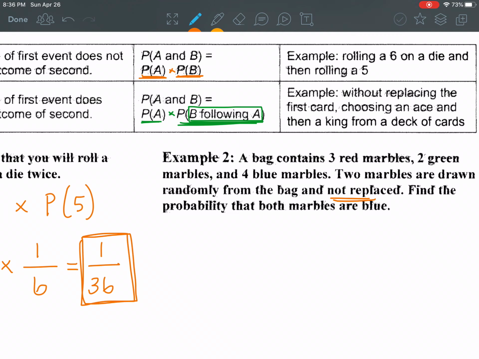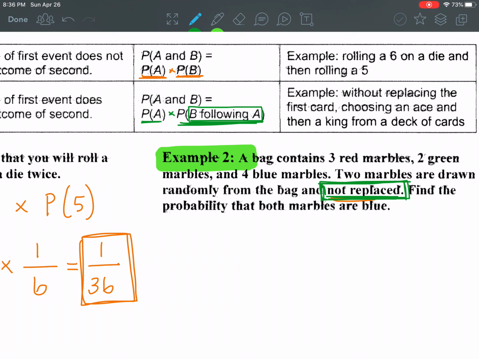So the second probability of picking a blue, well, we have one blue in our hand, and there's one less marble in the bag. So this is an example. I'm going to highlight it green because this is a dependent example, okay? And I'm going to change this because this is our key phrase, not replaced.